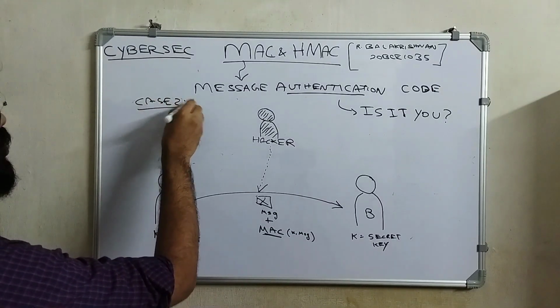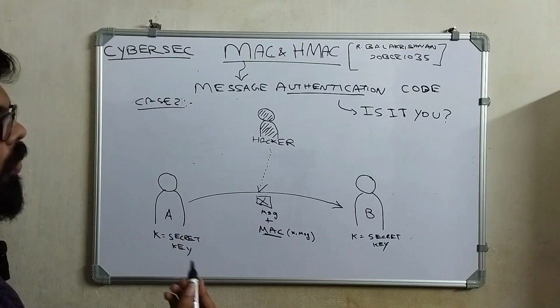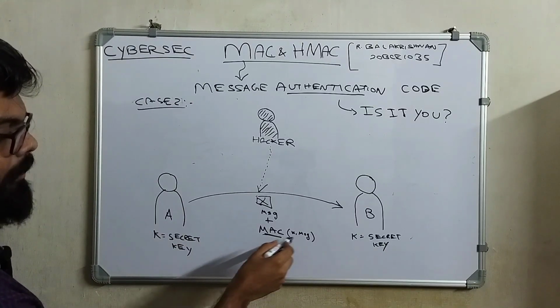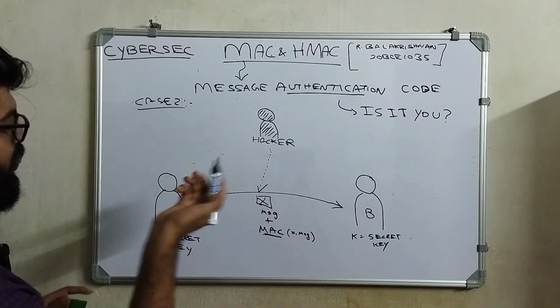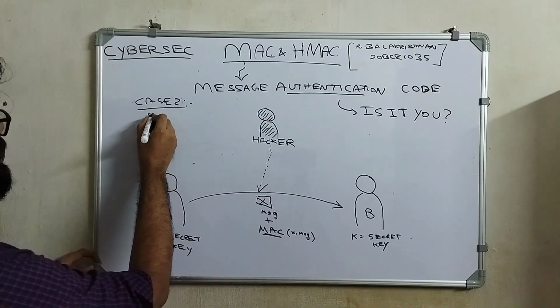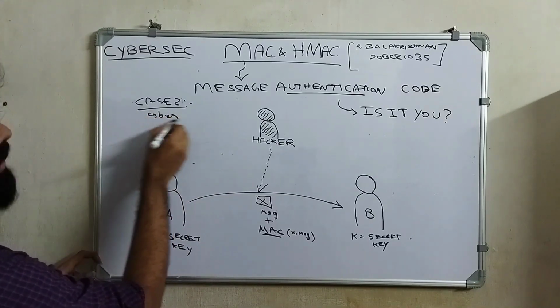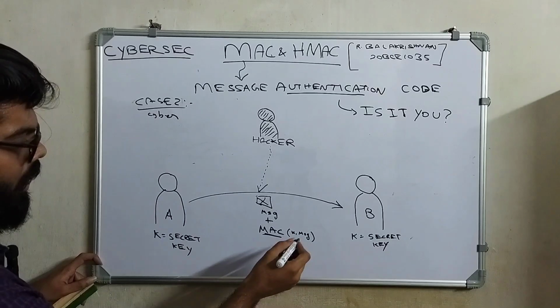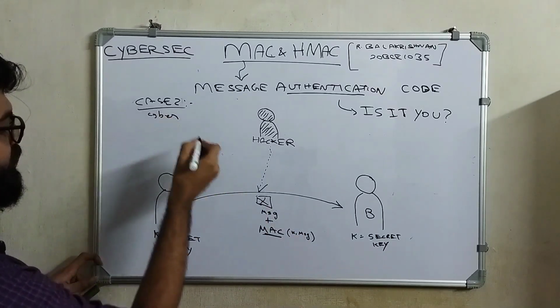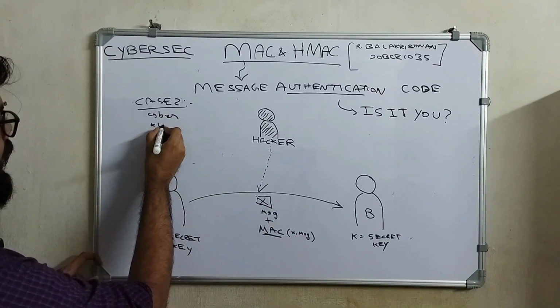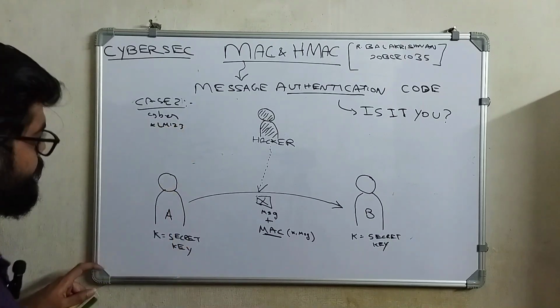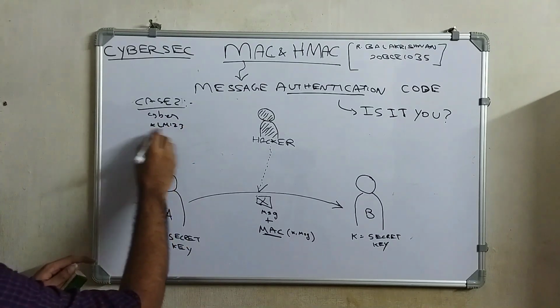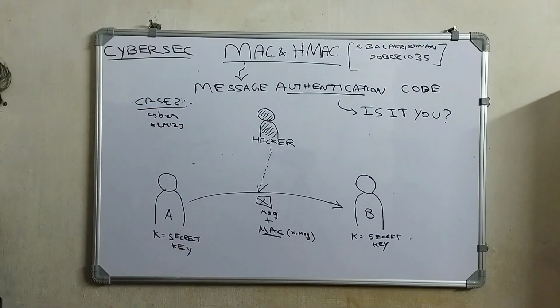Case 2 is: what if he tampers with the MAC itself? Let's say the message is cyber, K is the secret key, and the MAC value is KLM123. If he tampers with this MAC value, then also it is of no use.